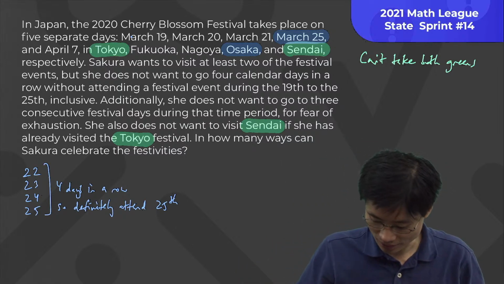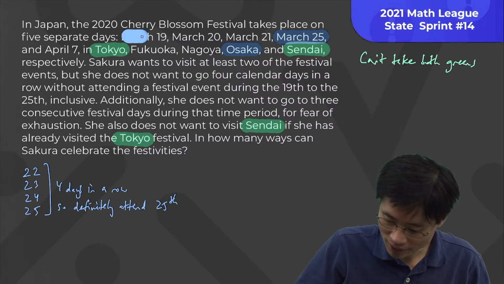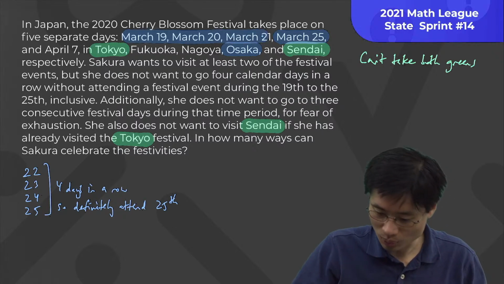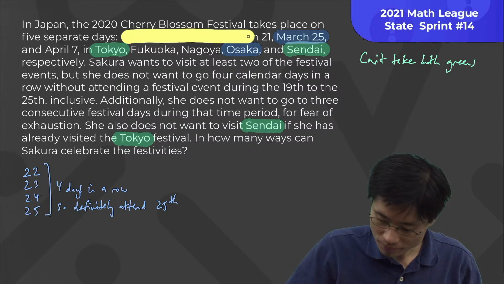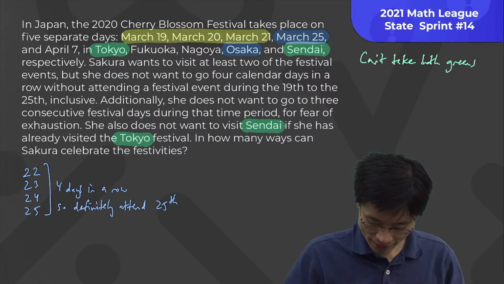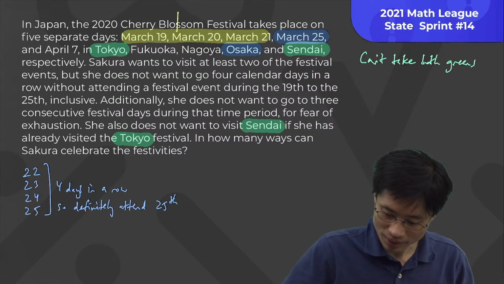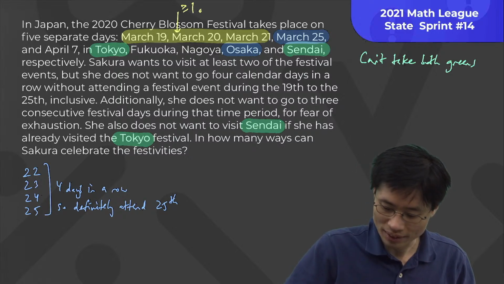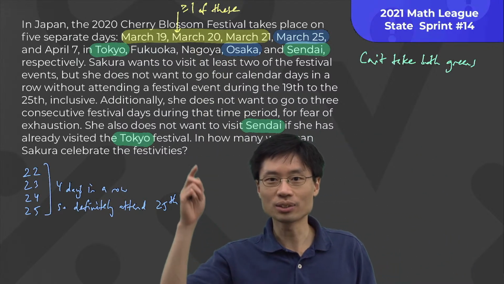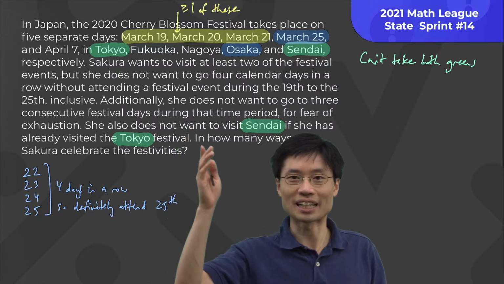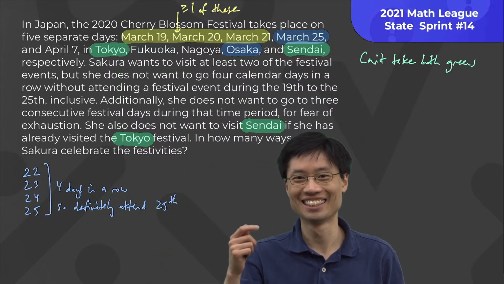So the next thing I know here is, over here, at least 1. Maybe let's use a different color. So the next thing I know is over here, at least 1 of these. Okay? So I know there's at least 1 of those. And also she does not want to attend 3 consecutive festival days.